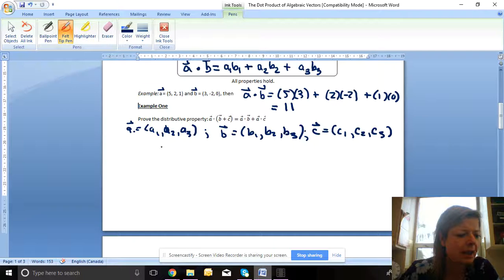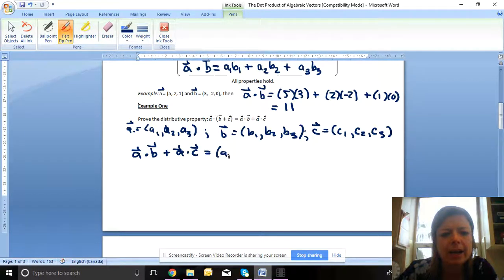Okay, then let's start with A dot B plus A dot C. So then that would be A1 B1 plus A2 B2 plus A3 B3 plus A1 C1 plus A2 C2 plus A3 C3.